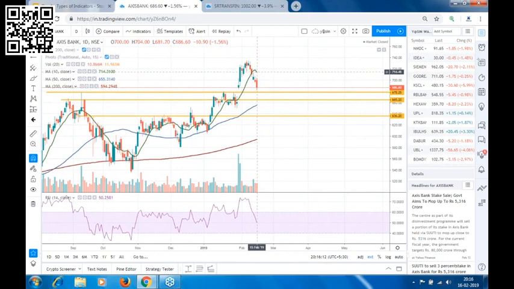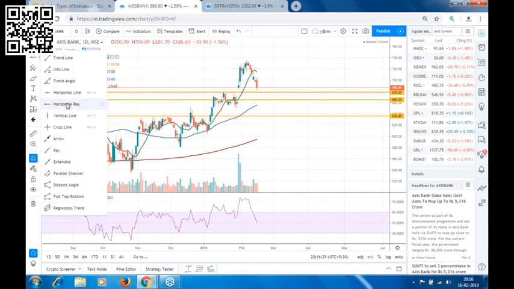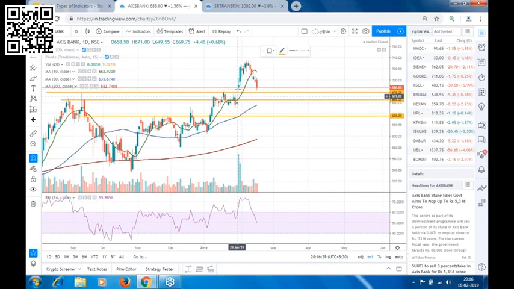The candles have left the 10 period moving average. And if you see this support over here, this support is around 683.35. In fact, I will not take this support into consideration.